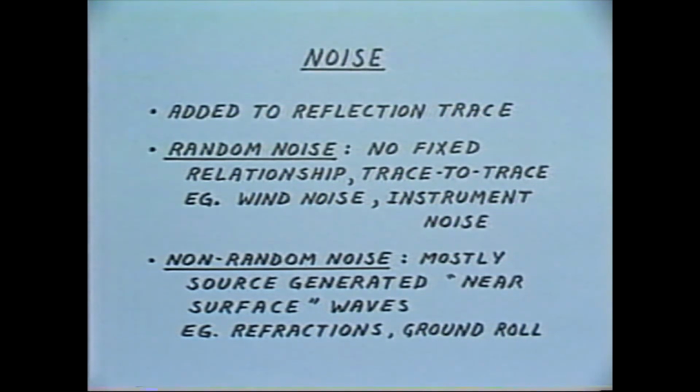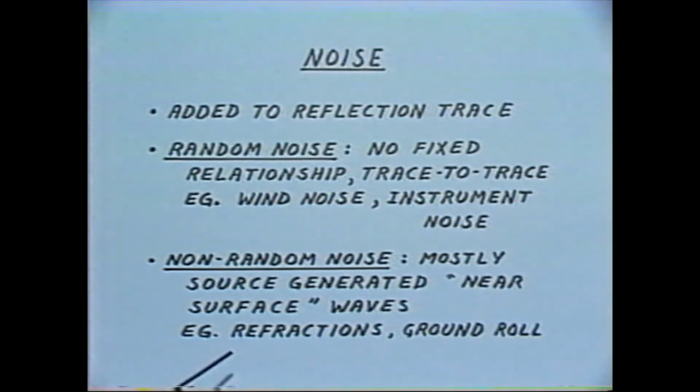The other main type of noise, non-random noise, is mostly noise which is generated by the seismic source itself. For example, refraction events from the near-surface layers and direct arriving energy such as ground roll are forms of noise, in that they are events on the seismic record which are not reflections, and are also events which we don't want on the seismic recordings.